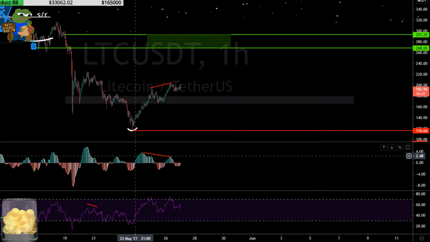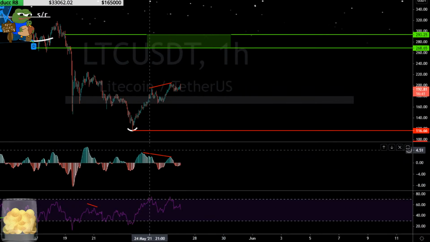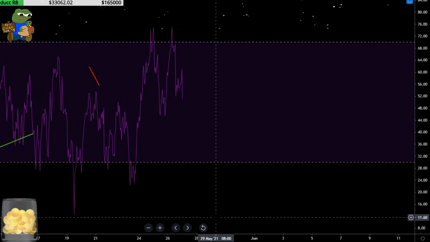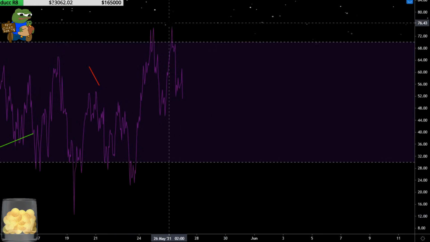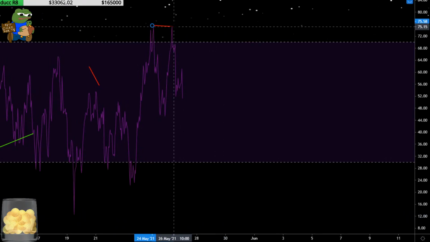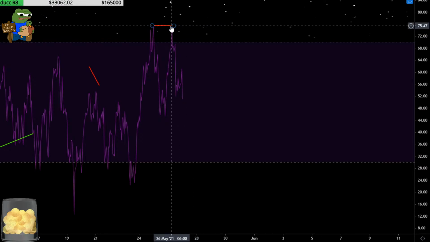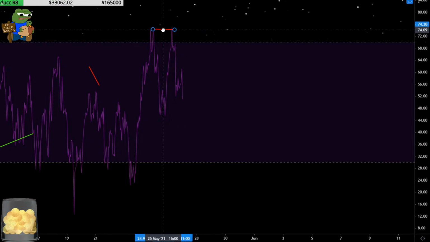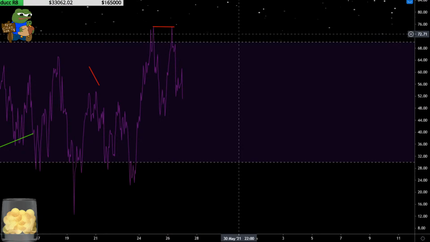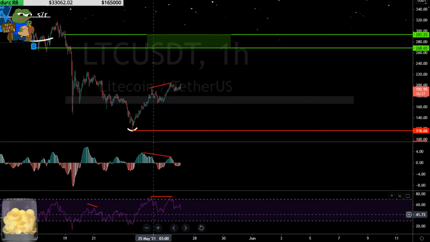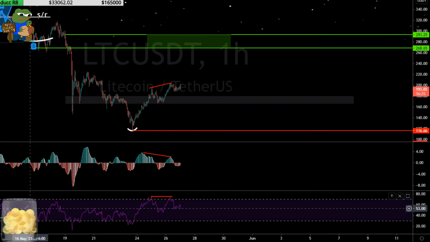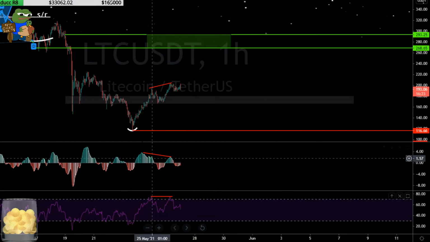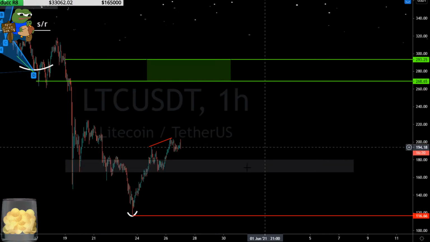And at the same time, you had lower levels of positive momentum and about equal levels of relative strength here. This again matches Litecoin and Bitcoin with some bearish divergence here.